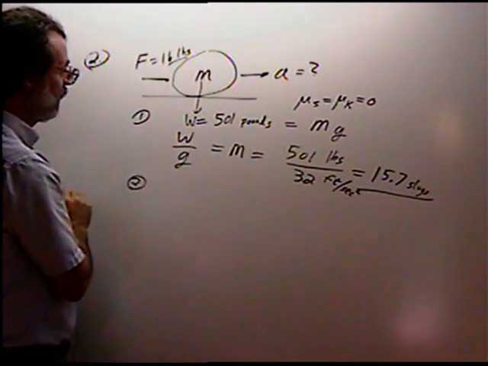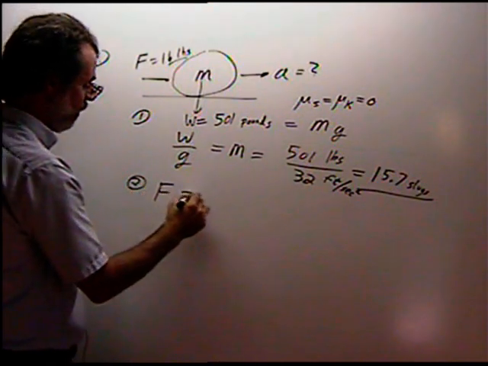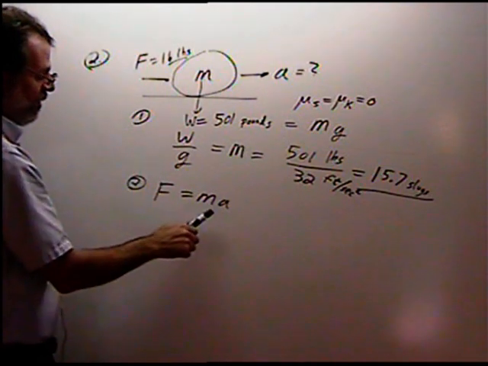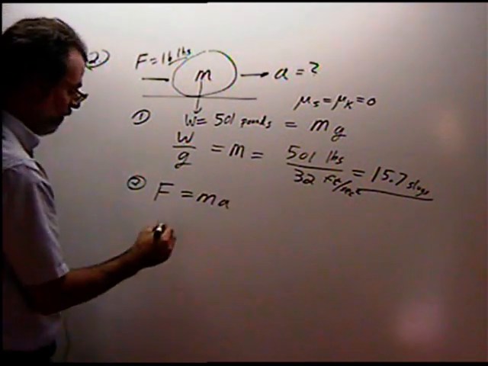Step 2 is to use F equals ma, Newton's second law. We know what the force is. Now we know what the mass is, we can solve for the acceleration.